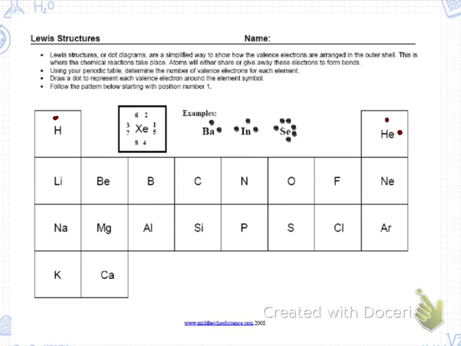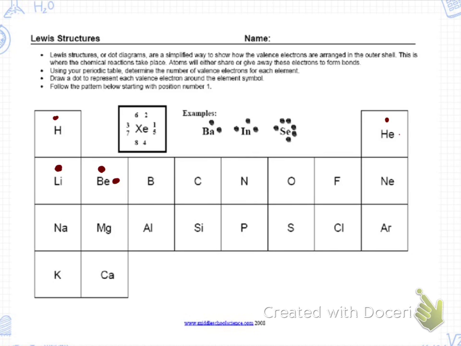Lithium goes back down to group 1, so that actually has just 1 valence electron. The 1s1 and 1s2 electrons are what we call core electrons, so they're like stuck in there. Okay, Be is in the second group, so I'm going to put 2 electrons.